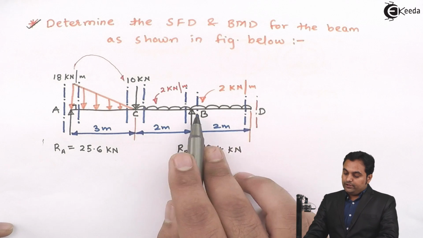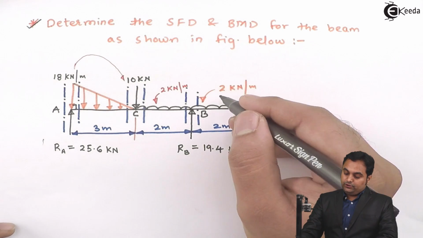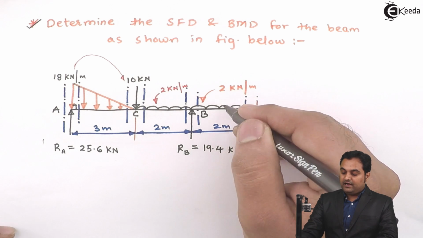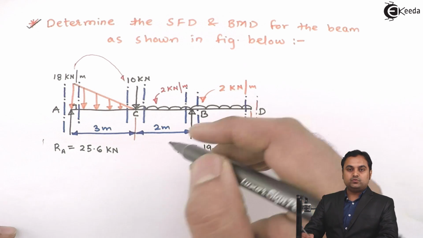Now if I look in portion BD, there is a point load of this UDL which is 2 into 2, and that point load will be acting at half, that is half of 2, which is 1 meter.